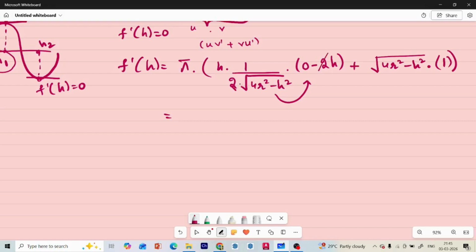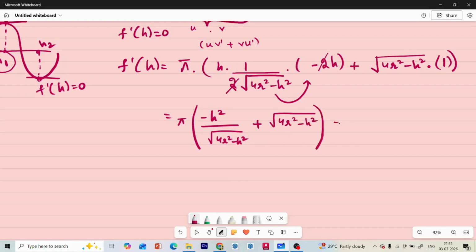The 2 and the minus 2 cancel, so here you will get minus H square by root over 4R square minus H square, with pi outside, plus root over 4R square minus H square.